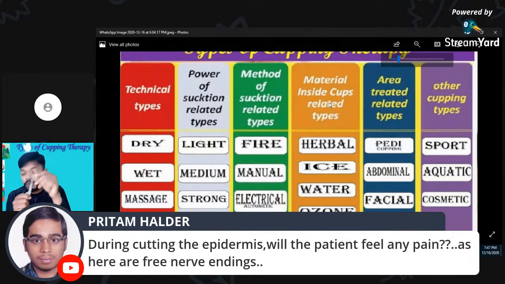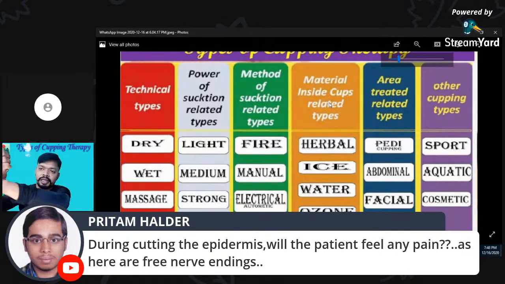Here you can use the blade, and also you can use a pen. This is called a Hijama pen. Through this pen you can use this needle, which is almost like a diabetic needle, and you can put it there and use it.